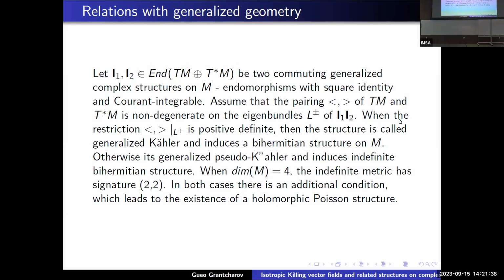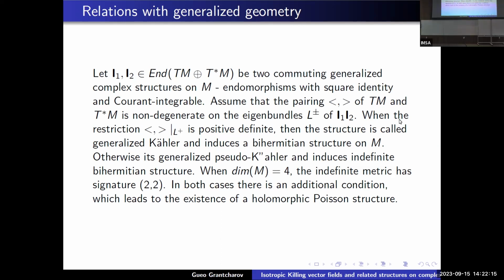Now, if we have commuting structures like this, we call them generalized Kähler if the restriction of that canonically given pairing onto one of the eigenspaces, the plus eigenspace, is positive definite. And that's what generalized Kähler is as a definition from Hitchin and Gualtieri.